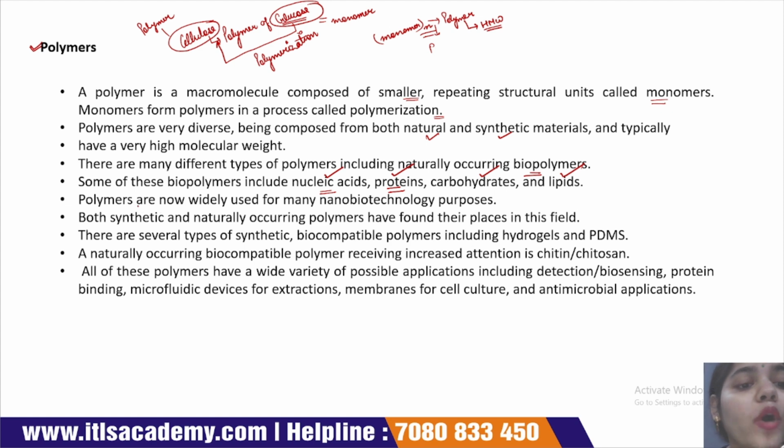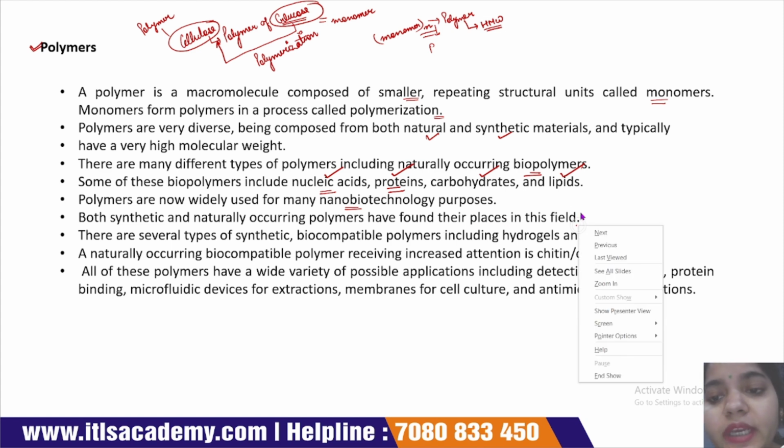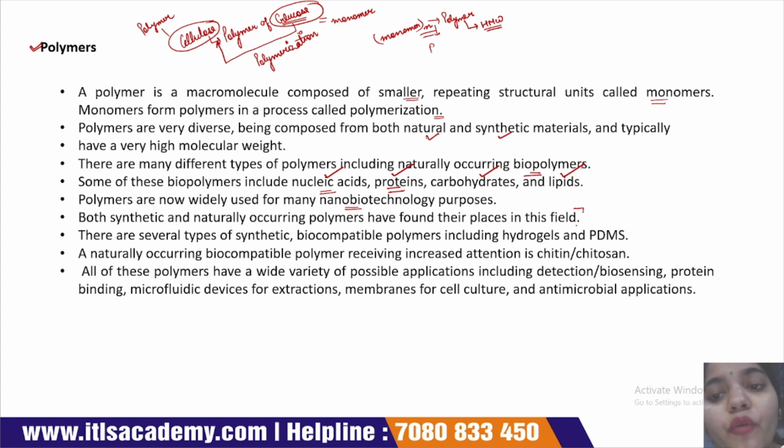Okay. Polymers are now widely used for many nanobiotechnology purposes. Both synthetic and naturally occurring polymers have found their place in this field. Which field? In the field of nanobiotechnology. There are several types of synthetic biocompatible polymers, including hydrogel and PDMS.